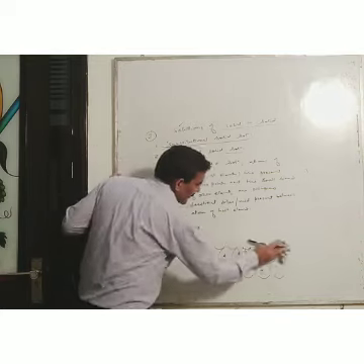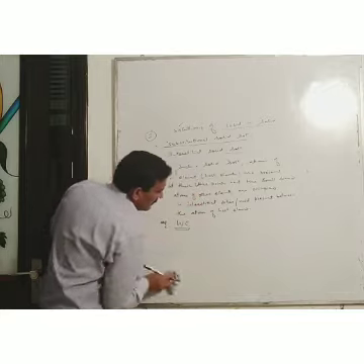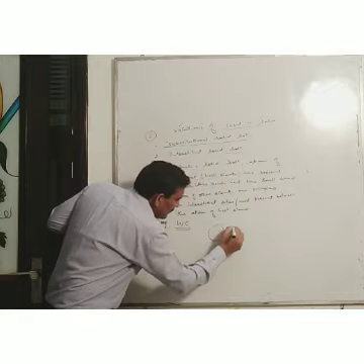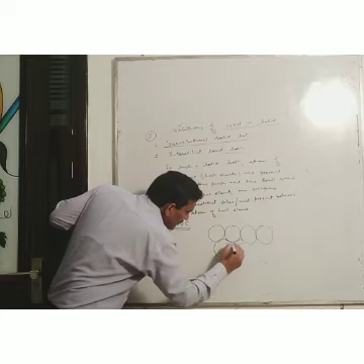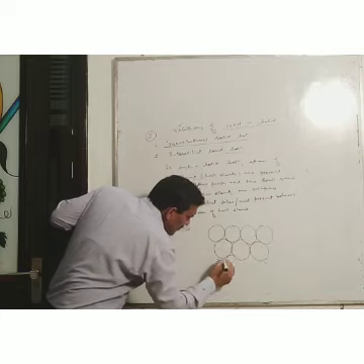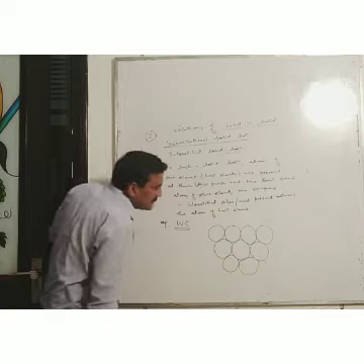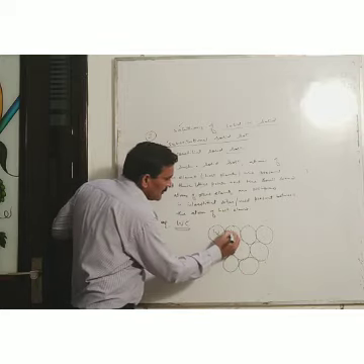Tungsten carbide can be represented like this. These are the large sized tungsten atoms which are present at the lattice points. They all are the tungsten atoms.